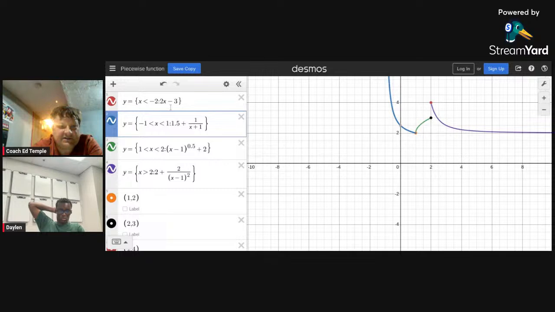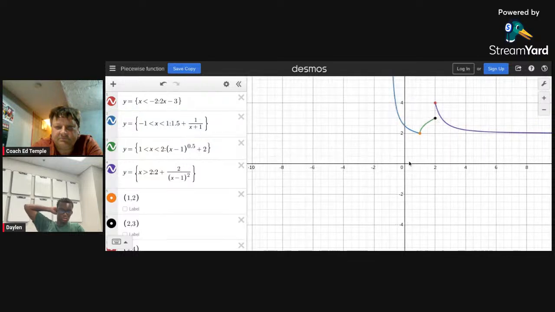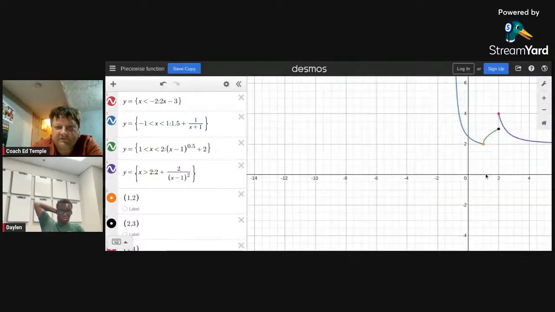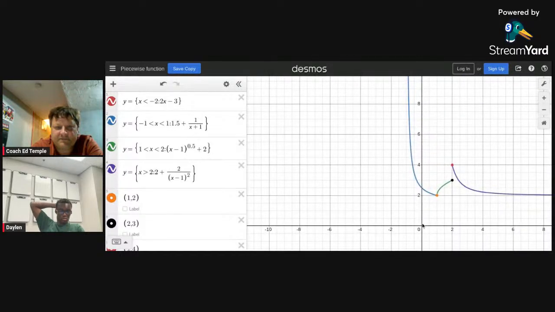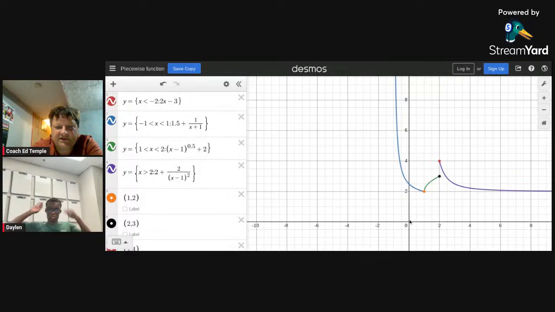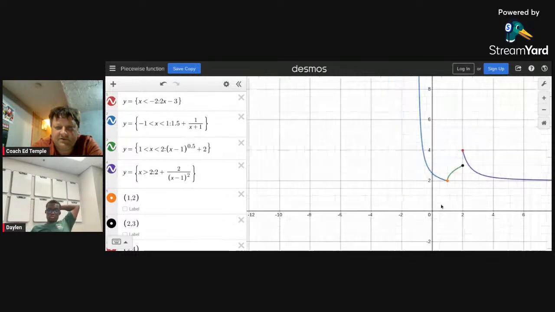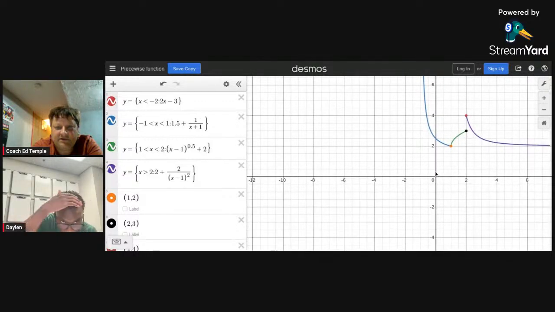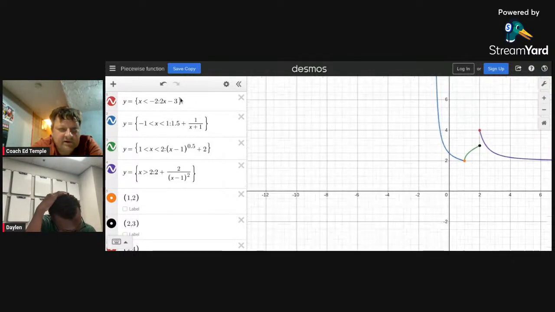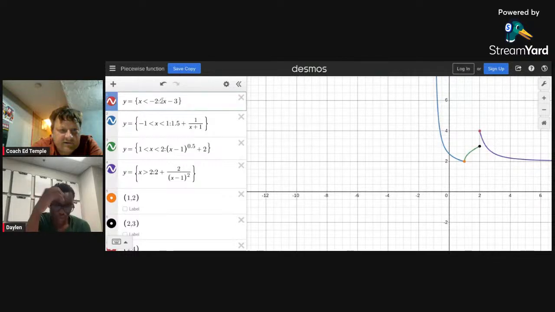When x is less than -2, 2x minus 3 is just a line. Well, -3 is down here. I don't see that graph. It didn't cooperate, I guess.